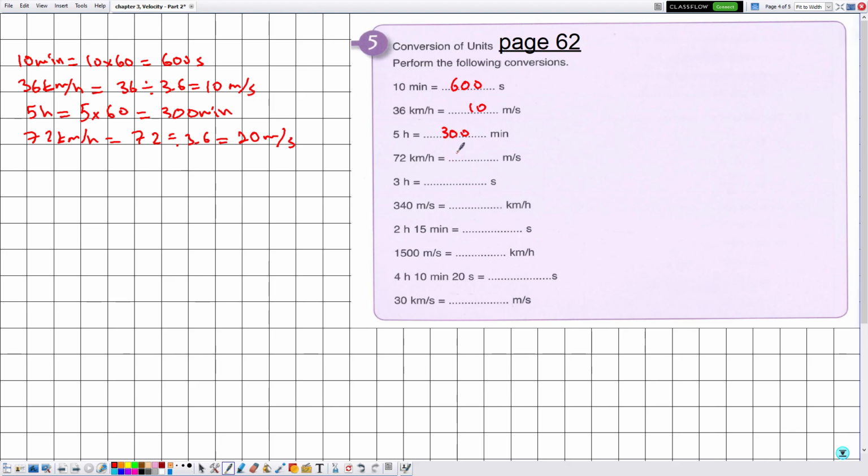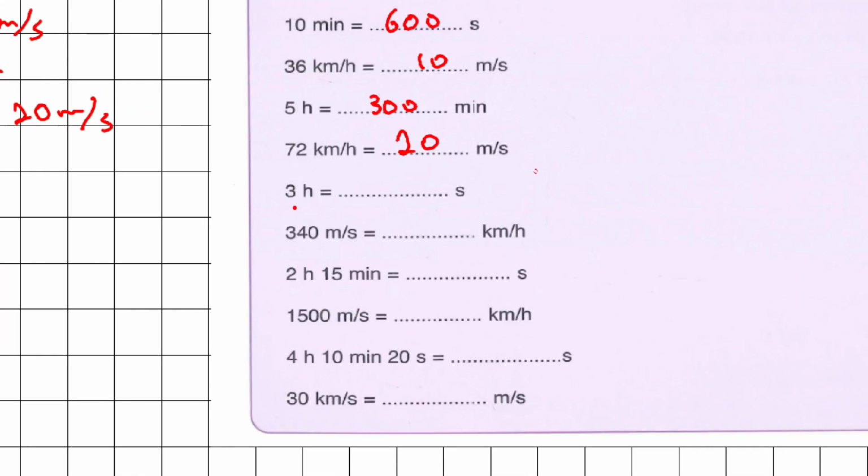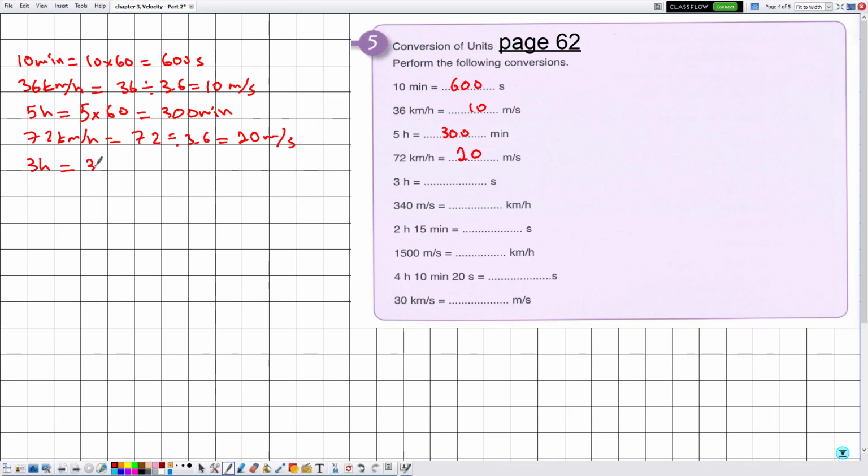Then here the missing value is 20. Now, as for 3 hours, we need to convert hours into seconds, and this is done by multiplying by 3600. Then 3 multiplied by 3600 is 10,800 seconds. Then the missing value here is 10,800.